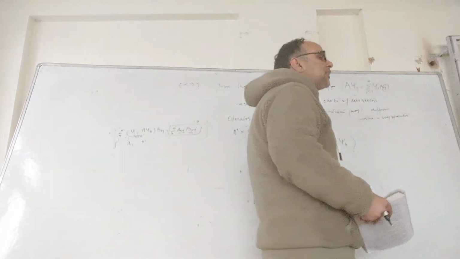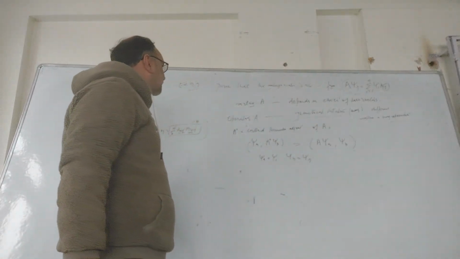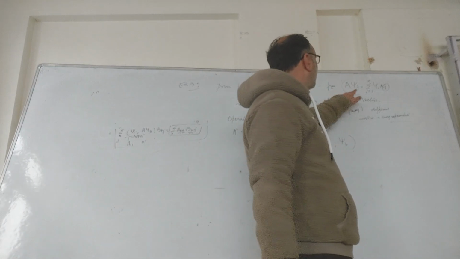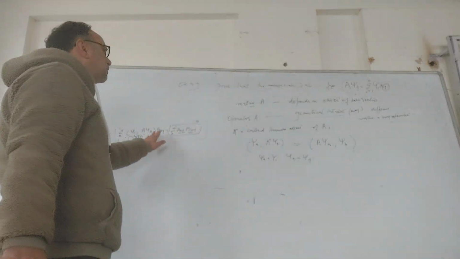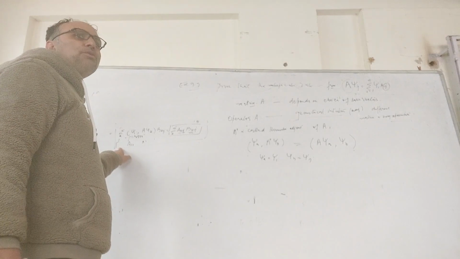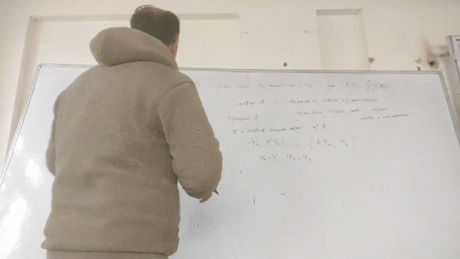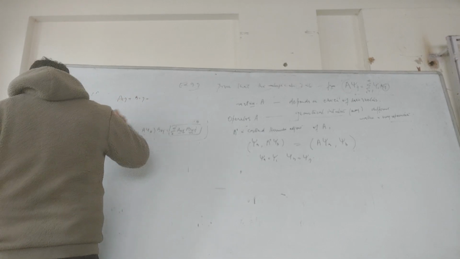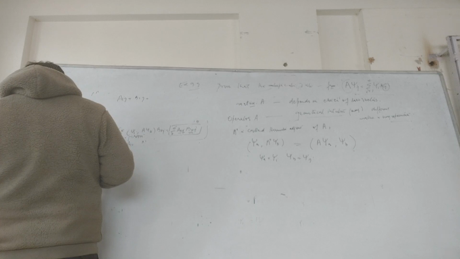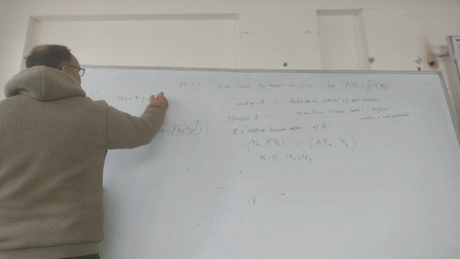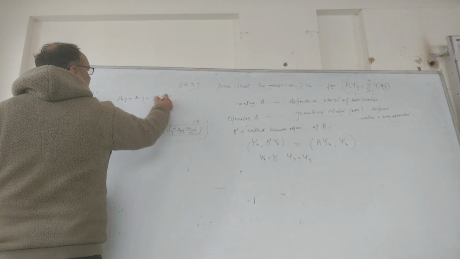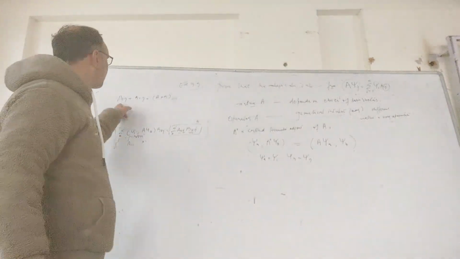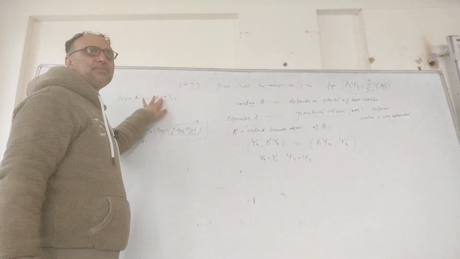The exercise in the book is to prove this from the property true for matrices. For matrices, a_ij plus b_ij is equivalent to (a plus b)_ij. This is a property that individual indices of matrices will add up.